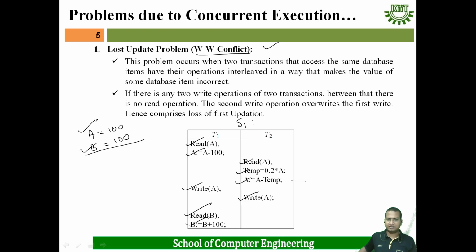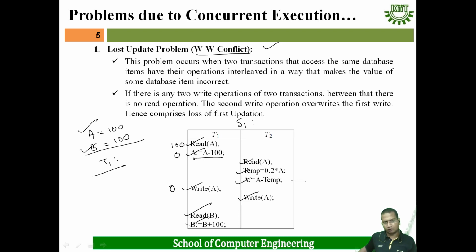Then suppose transactions T1 and T2 are executed serially. What will be the database state? Suppose T1 is executed first. Read A gives 100. Then A is equal to A minus 100, so A will be 0. Write A writes the value 0 to the buffer.